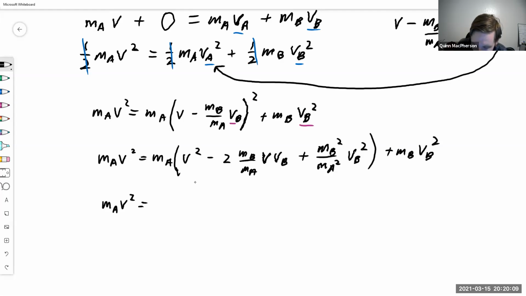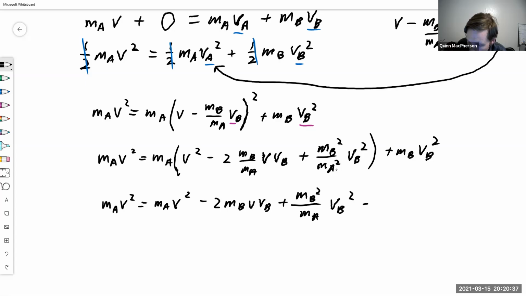Okay, we can multiply in my MA, and get MA V squared is equal to MA V squared minus 2 MB V VB, because multiplying the MA in cancels the MA in the bottom. When I multiply it in here, it cancels one of the ones in the bottom, and I get plus MB squared over MA VB squared plus MB VB squared. Okay, cool. I fortunately have cancellation.